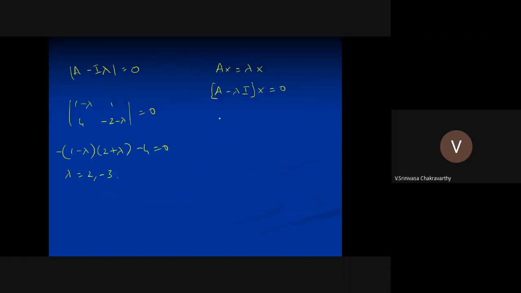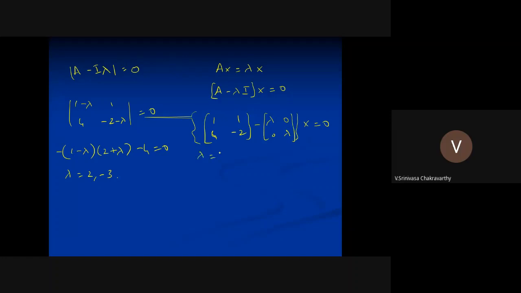So (1 4 2 minus 1 4) 1 minus 2, right, minus lambda 0 0. So this whole thing times x equal to 0. Okay.